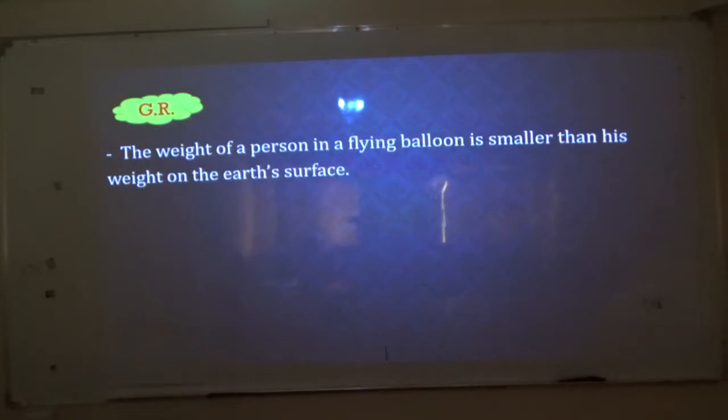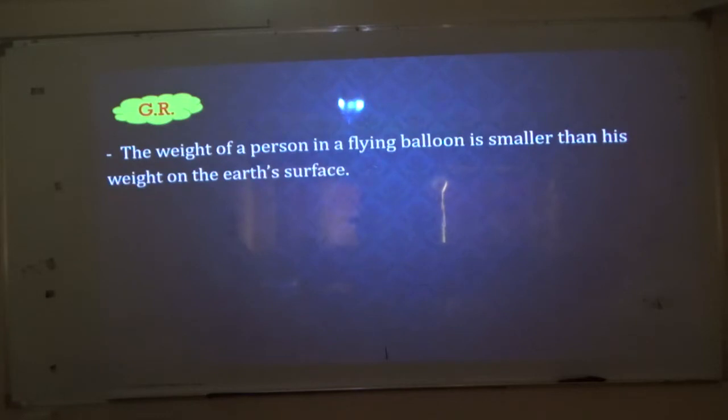Okay, the question says, the weight of a person in a flying balloon is smaller than his weight on the Earth's surface. Do you remember?